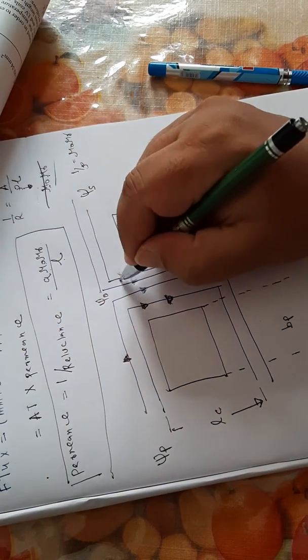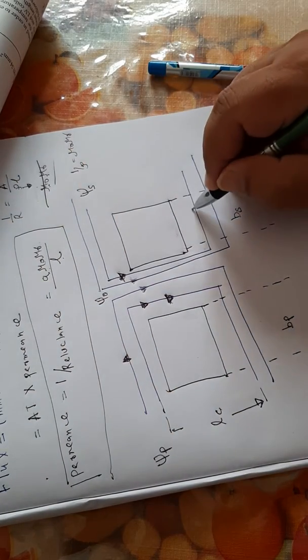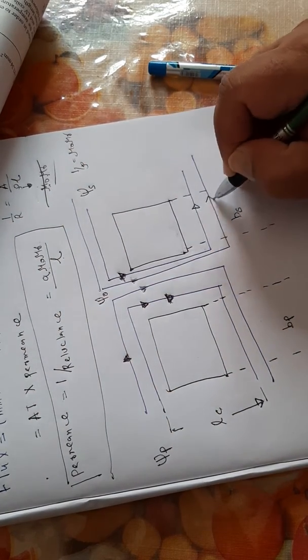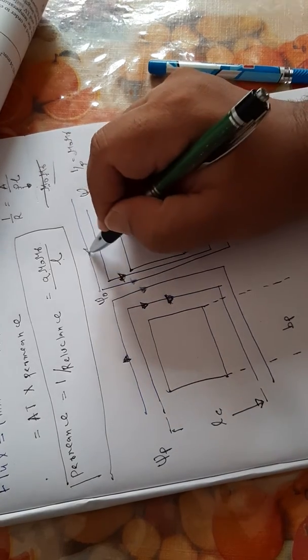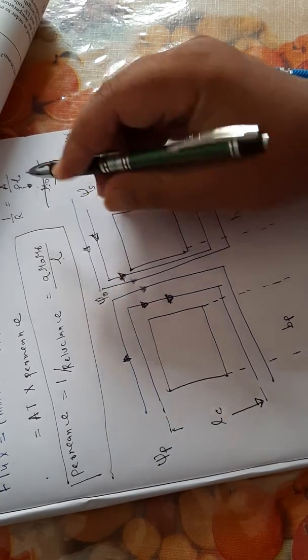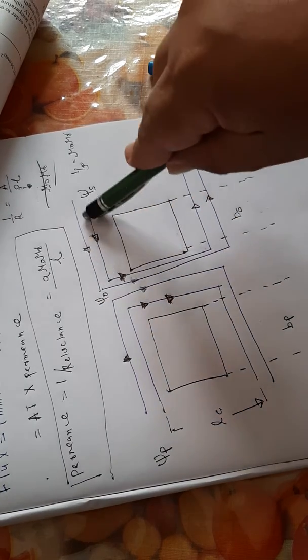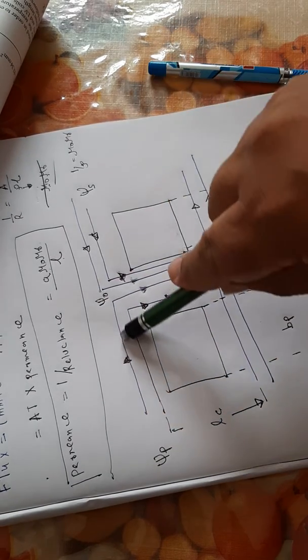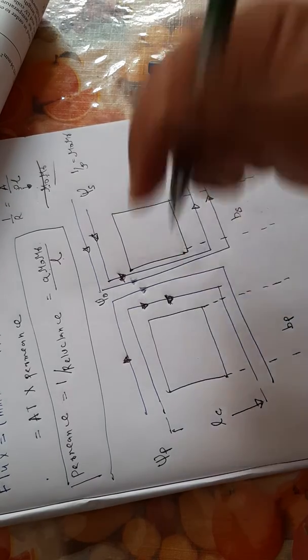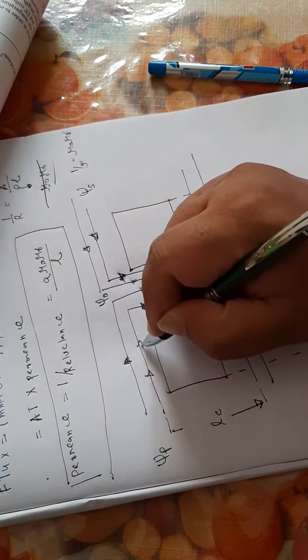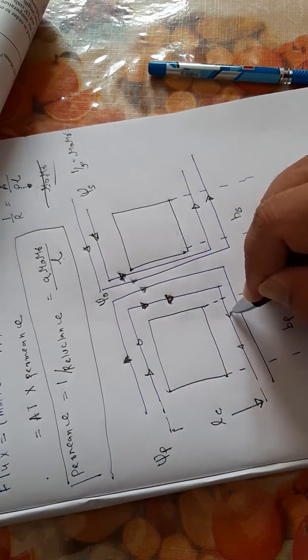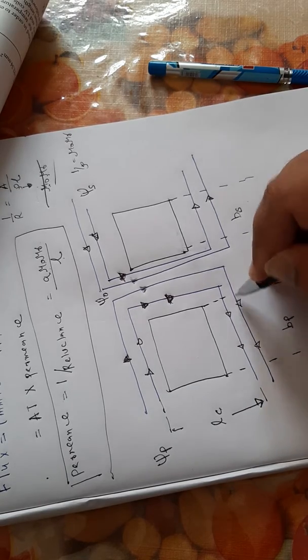We have another direction of the flux, and it's going like this on top. It's coming like this. See, the direction is coming and remaining. Similarly here, same thing here also. You can see this is the direction of the flux.